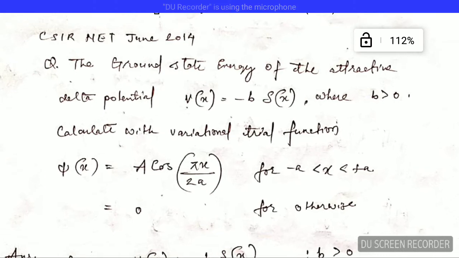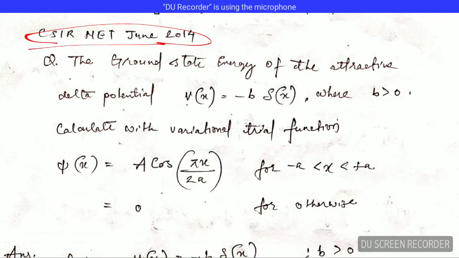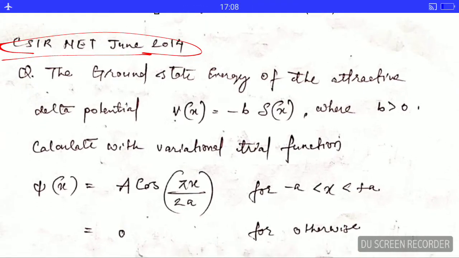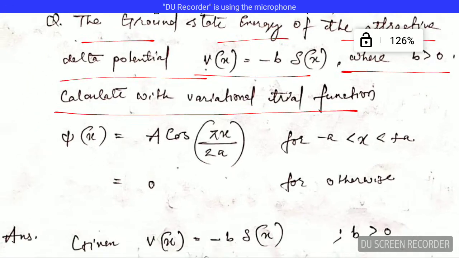In order to explain the method better, I will take an example which was asked in CSIR NET June 2014 in the physics stream. The question was, the ground state energy of the attractive delta potential, where V is greater than 0, calculated with the variational trial function.